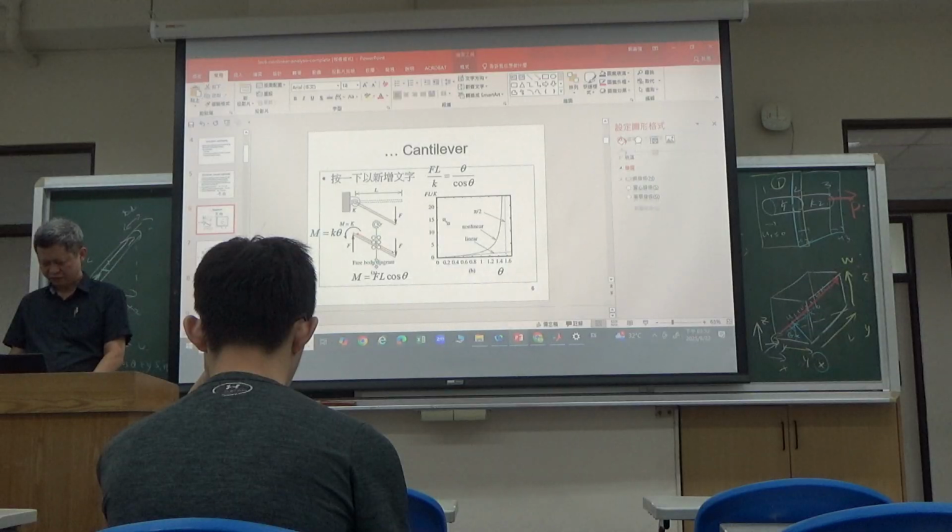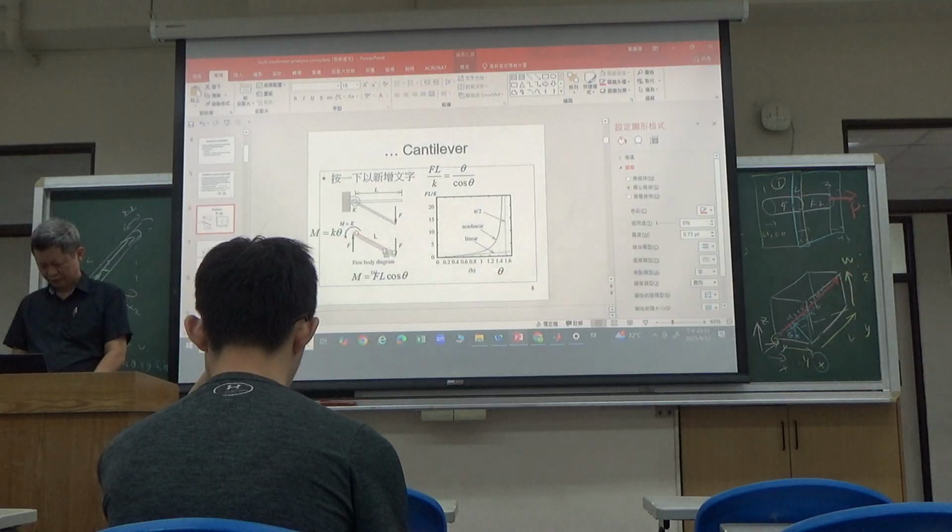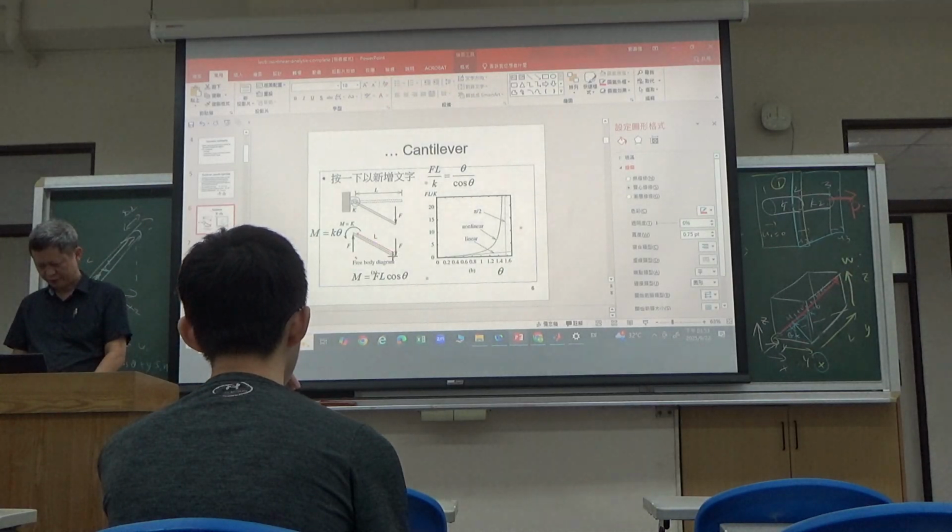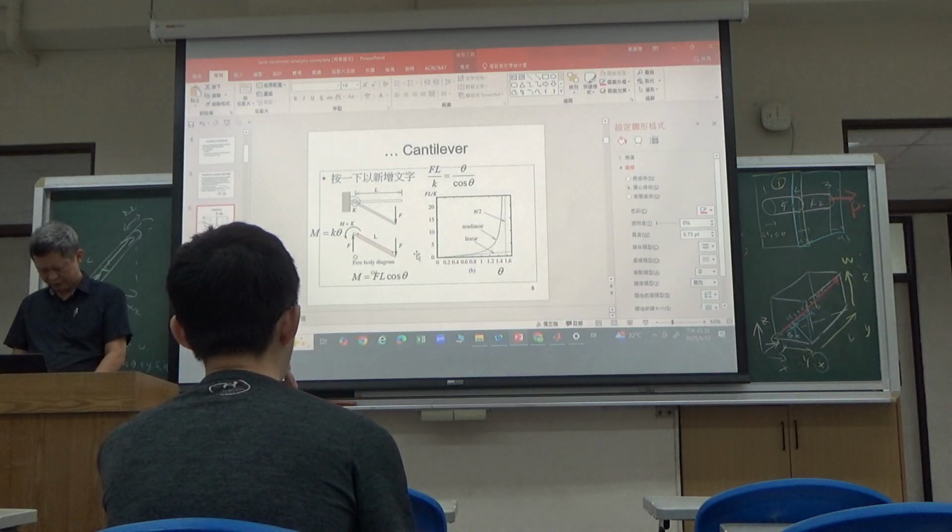This is still L, but the moment arm changes. Right, the moment arm, there's the dash one.